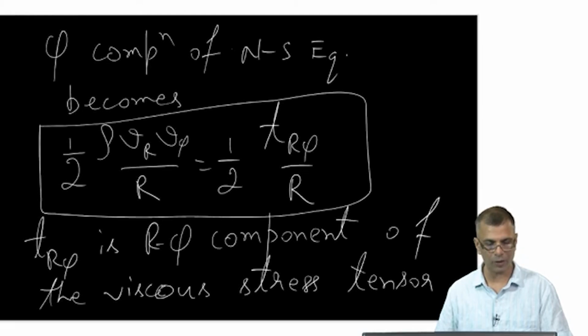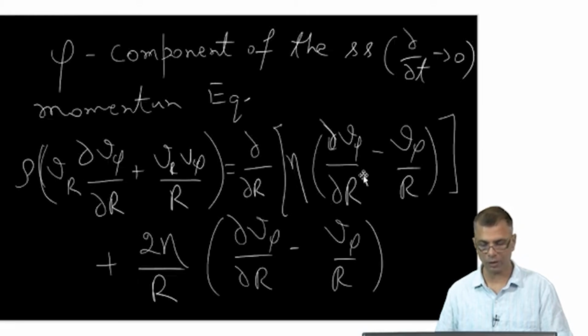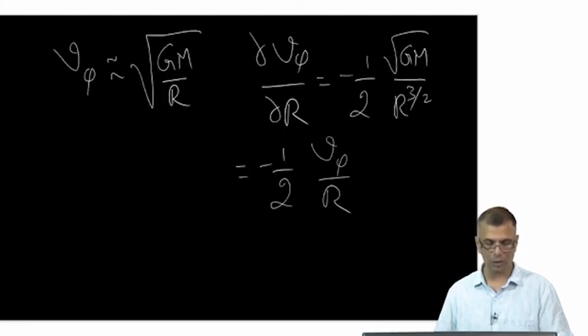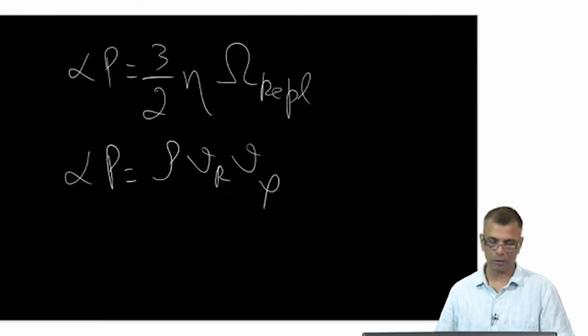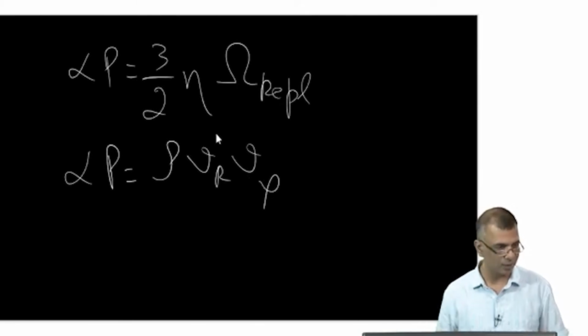This simply came from the phi component of this, and this was simplified using this. So, essentially rho Vr V phi is nothing but Tr phi, which in turn is alpha p. So, we are back to this. We equate rho Vr V phi to this guy, and this helps us get a very interesting result.